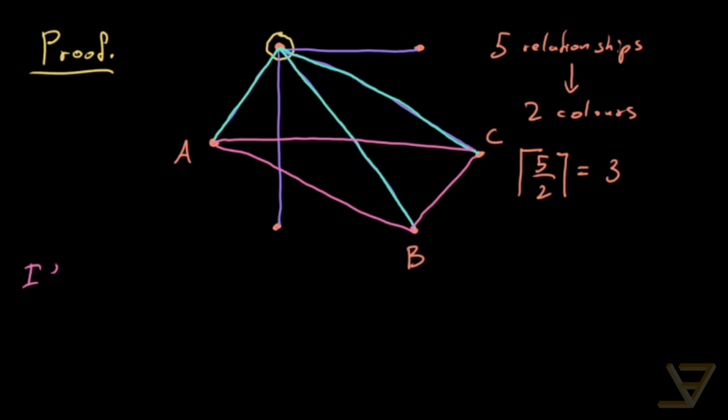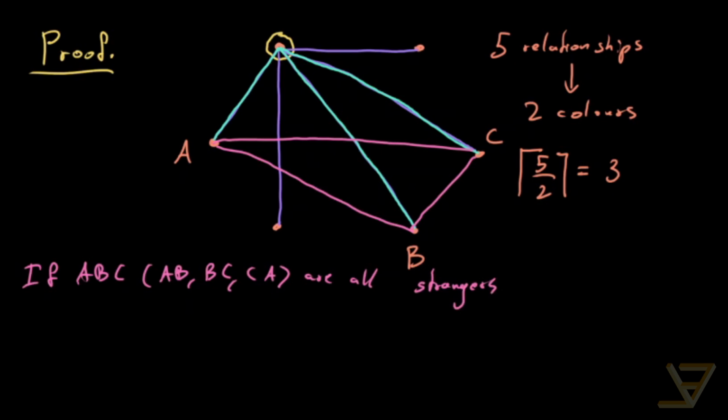But if A, B, C, so AB, BC, and CA are all strangers, we are done. But if any one of them is blue, so we have blue here, then we get a blue triangle because of V, A, and C, or V, A, and B, or V, B, and C. So that's the way this casework is completed.